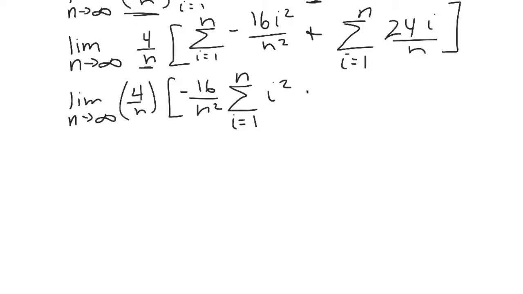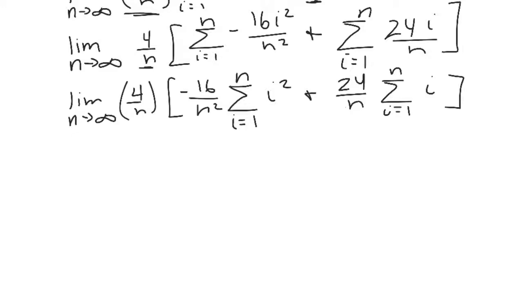And you should be starting to see what it is that I am doing. I went too far too soon. I got to bring the 24 over n out of the second one. 24 over n times the sum from i equals 1 to n of i.